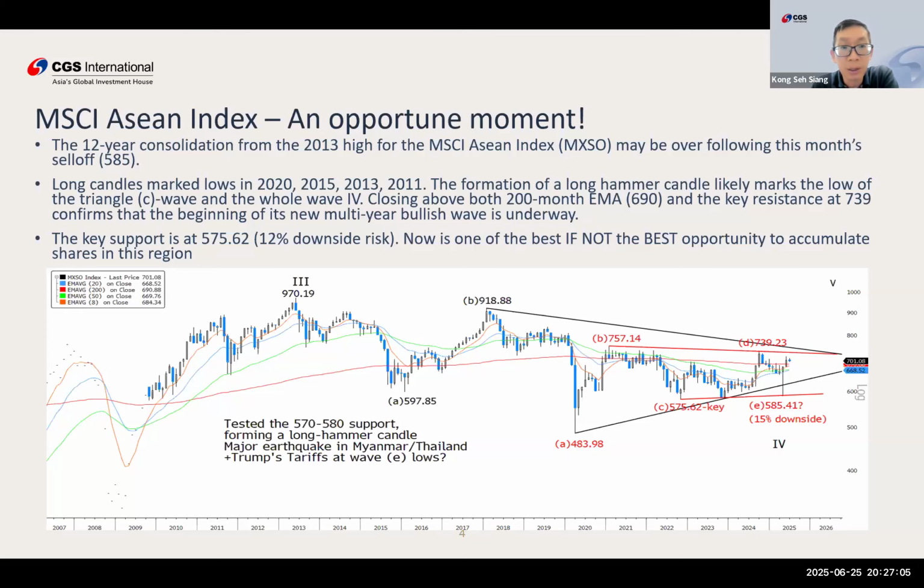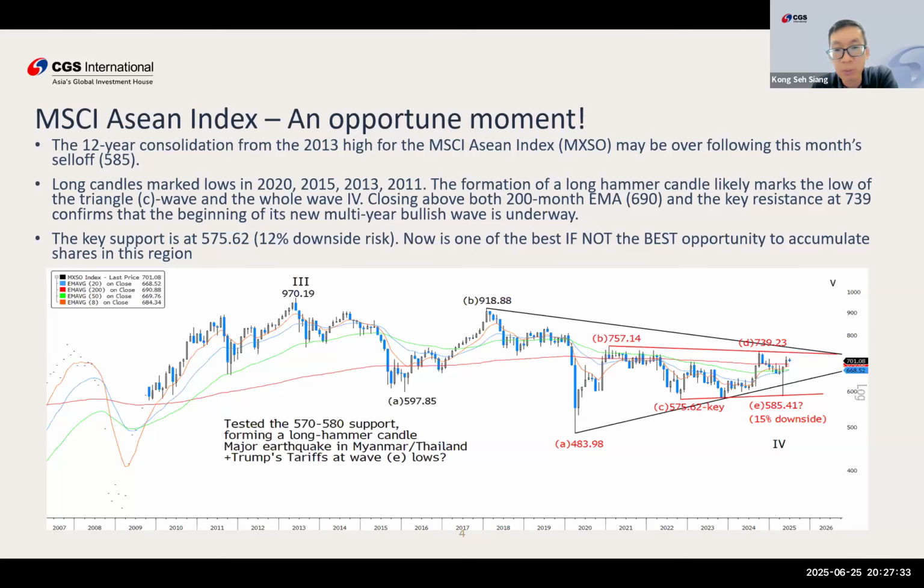You can see the long candles mark the lows for many years: the low for 2020, 2015, 2013, and 2011. Long candles usually have a nice tune to them, because everybody who was waiting to sell would have already sold.